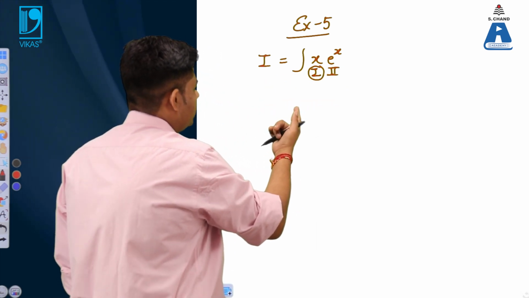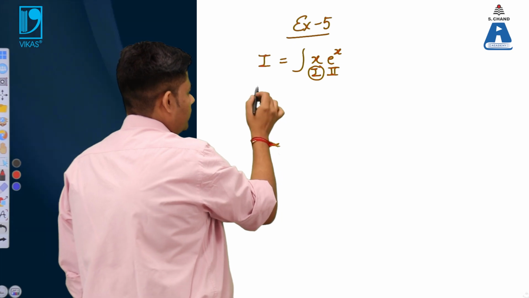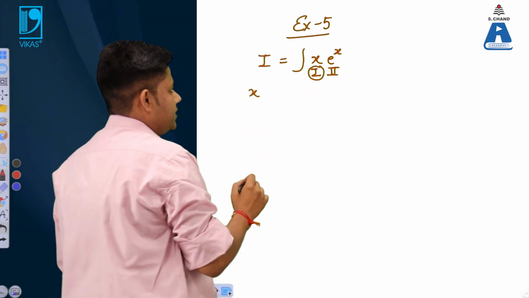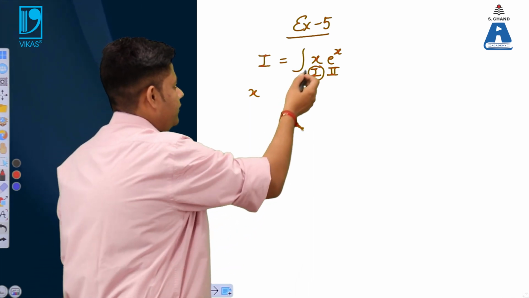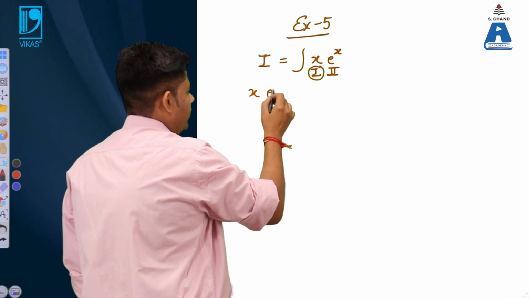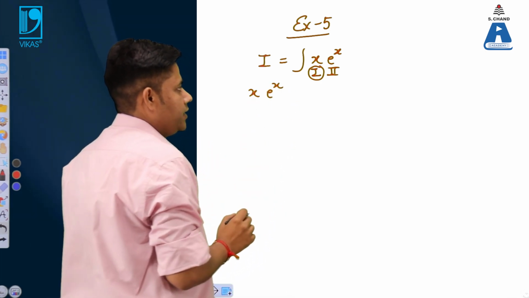Here, as per the formula, the first function stays as it is, and we have the integral of the second function, e raised to the power x, which will be e raised to the power x.